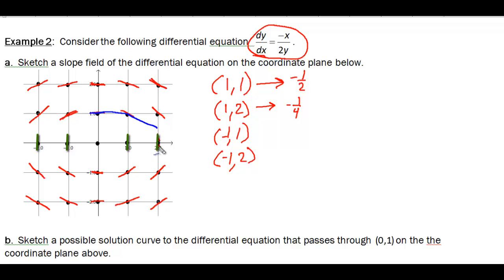When I get to here, I'm at 2.5. So I get negative 2 over 1 is negative 2. So now I have a slope of negative 2. But I can see that it's going to kind of mirror back here.